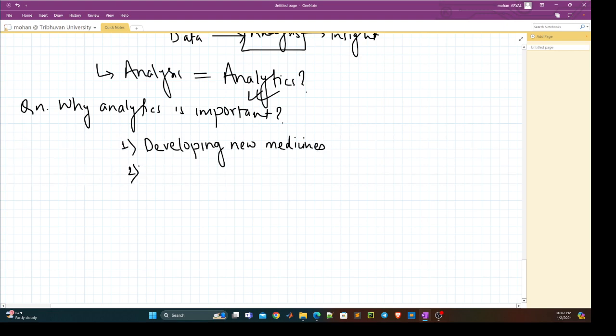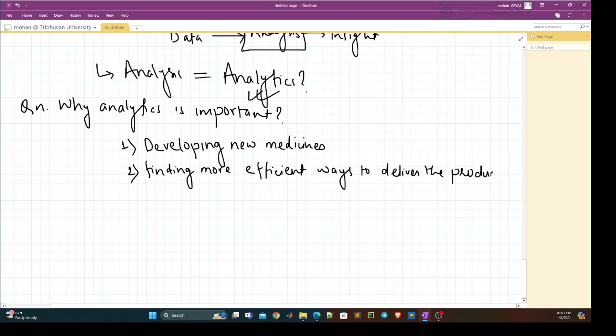The second one is finding more efficient ways to deliver products and services.